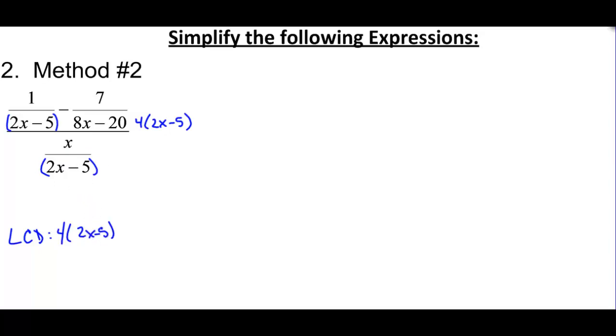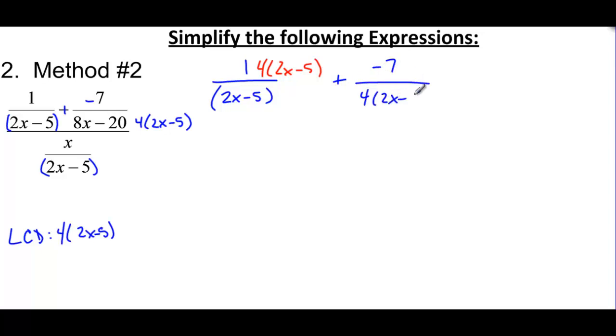So what's going to happen here? I'm going to take each of these fractions, and I'm just going to write it out a little bit more spread out so you can see. And I'm going to multiply each one by my common denominator of 4 times 2x minus 5. Again, I don't like that minus 7, so I'm going to make it plus negative 7 over 4 times 2x minus 5.